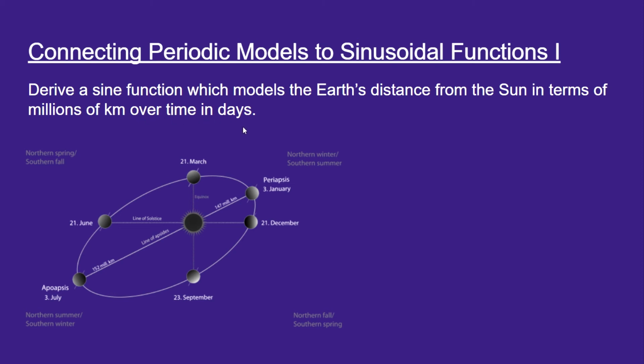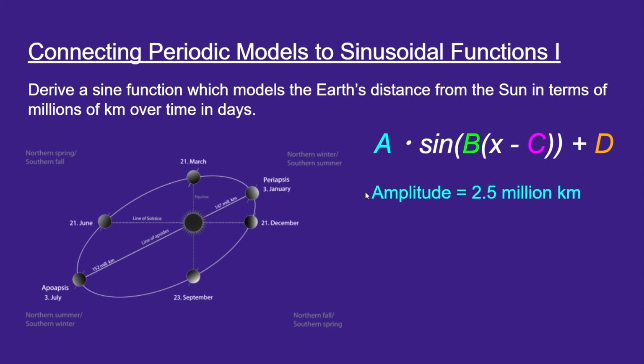That's my unit of time. So if I want to do this, I simply need to identify the amplitude, my period, which will let me find the b value, and my midline. Remember, we're skipping the c value for today.